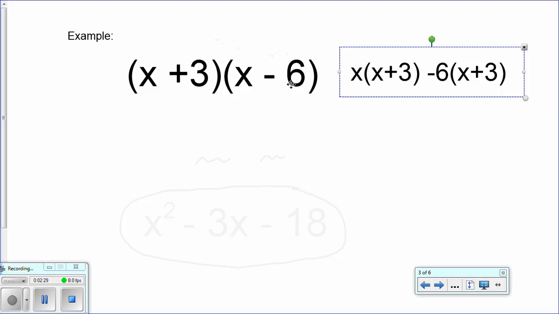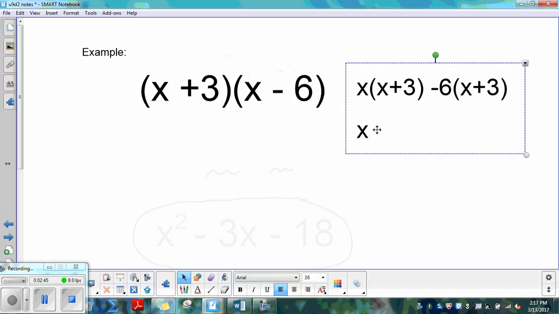So we just distributed that x plus 3 out. We distributed the whole thing. So now, if you look at it, we actually have to distribute again the x to the x plus 3 and the negative 6 to the x plus 3, giving us x squared, which I can't do right now. Actually, I'll just go ahead and do this. We'll leave it alone. So we just distribute it that way.